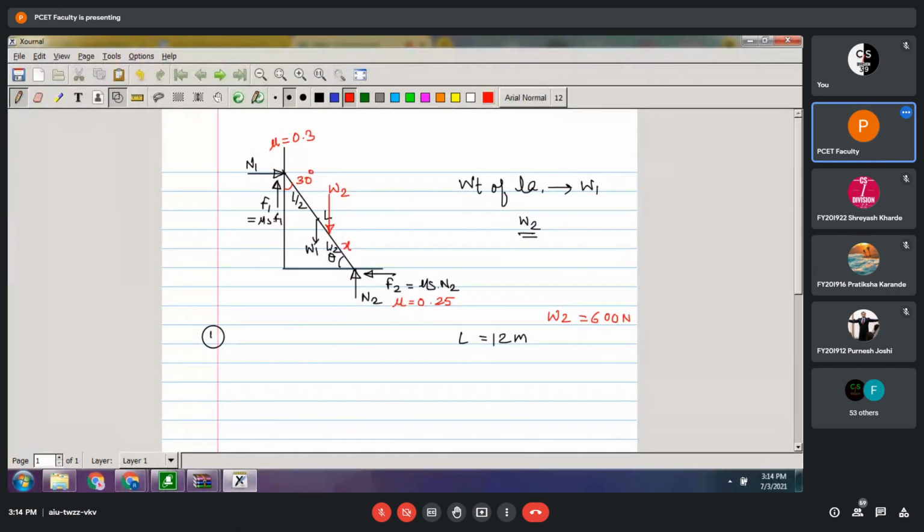How high will he be able to go before the ladder slips? Assume that the weight of the ladder is 800 Newton. Whether the problem statement is clear to all?